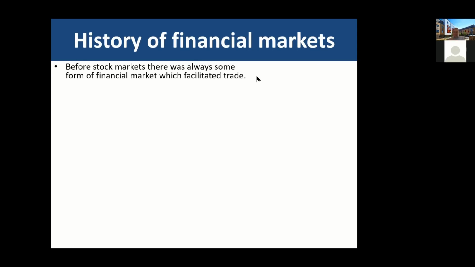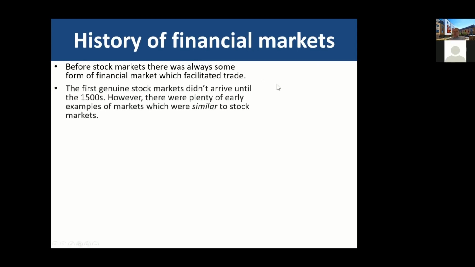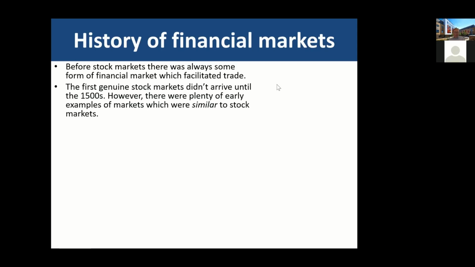But they have always been there to facilitate trade. And you could say the first genuine stock markets didn't really arrive until the 1500s, but there has always been some form of market where debt was exchanged.